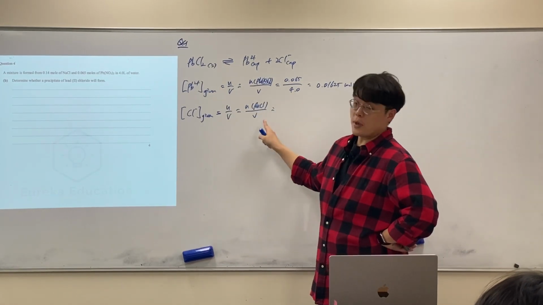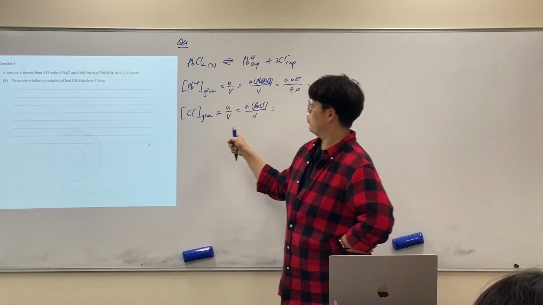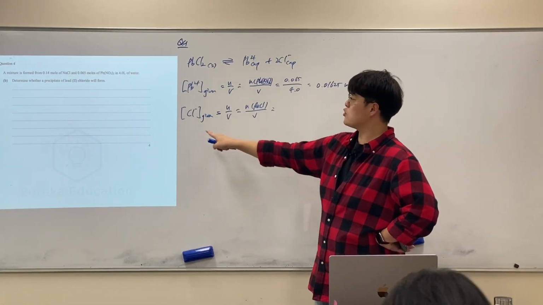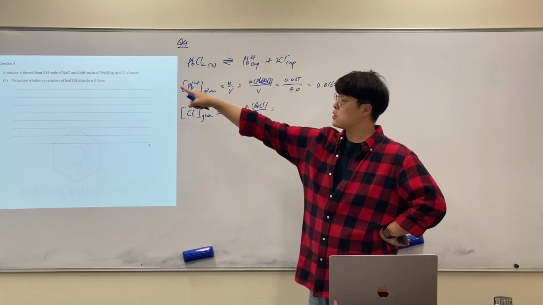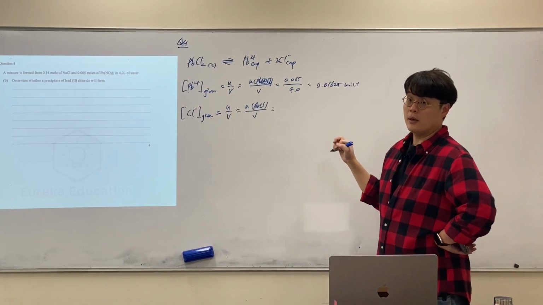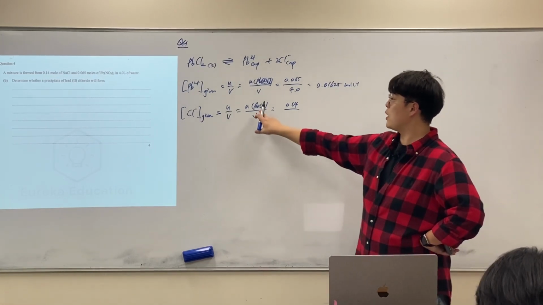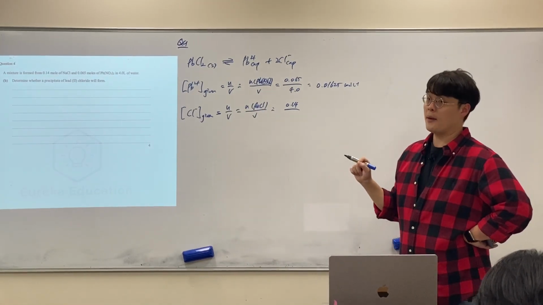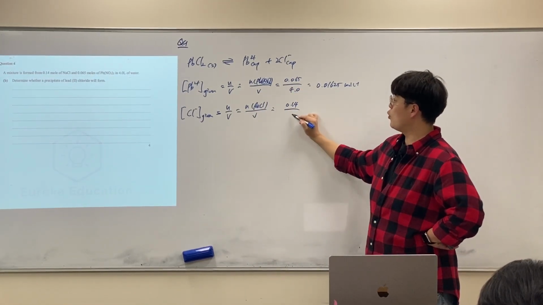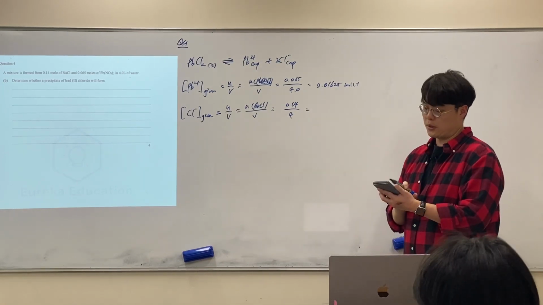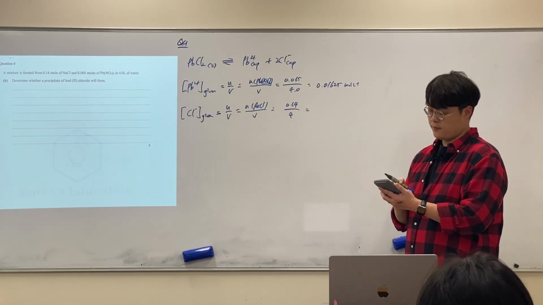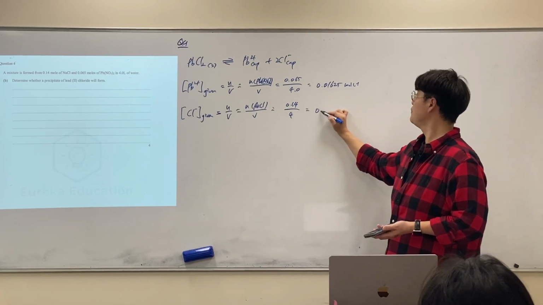Make sure you show that, because you'll get a question like, where did you get the chloride moles? It's actually given from the sodium chloride. It's a 1-to-1 ratio, so 0.14 divided by 4, which is 0.035.